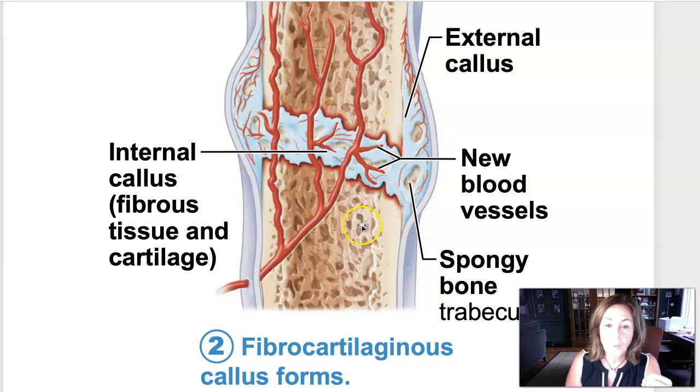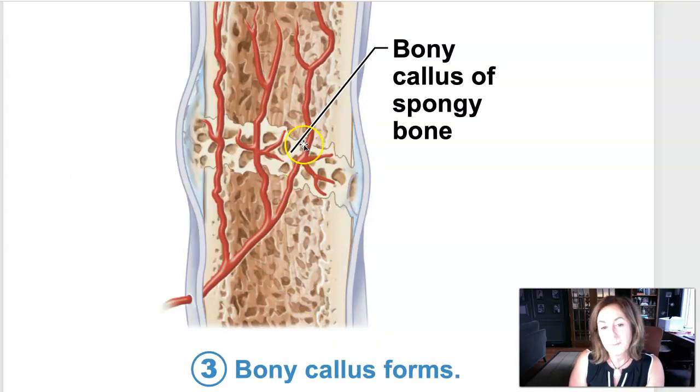This is not a weight-bearing fix. It's not really bone. This is a point in healing when the bone is still immobilized by a cast, or however they're immobilizing it, so that you don't keep disrupting this and so that bone continues to develop.